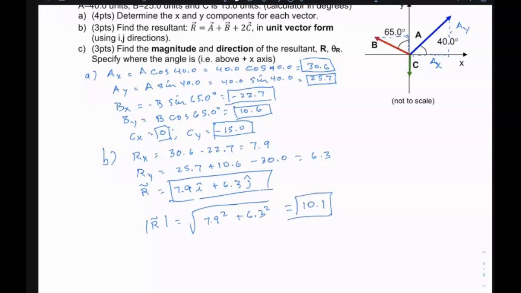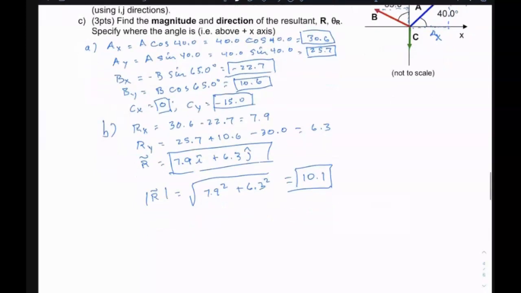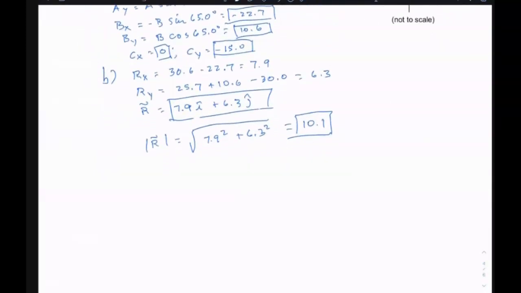Then to determine the direction, we always draw the vector. So vector r's x component is 7.9 in the plus x direction and 6.3 in the plus y direction. So vector r is pointing in this direction, and here's theta of r.